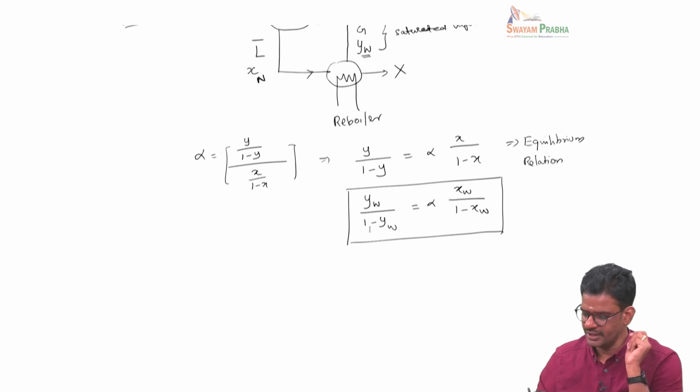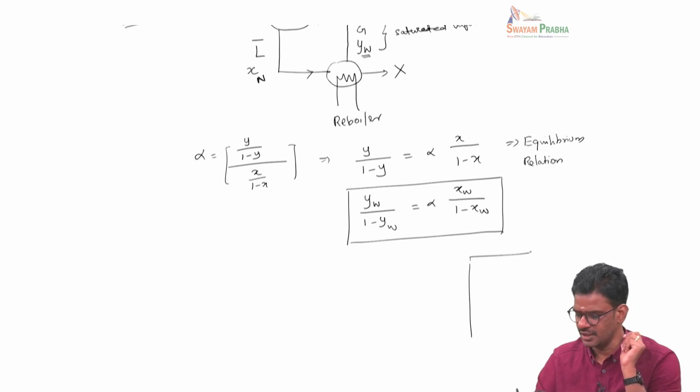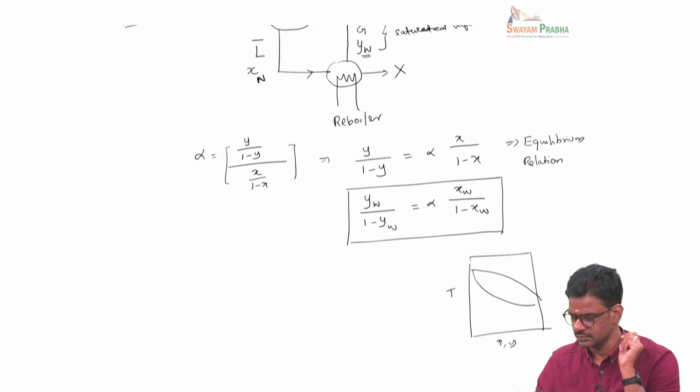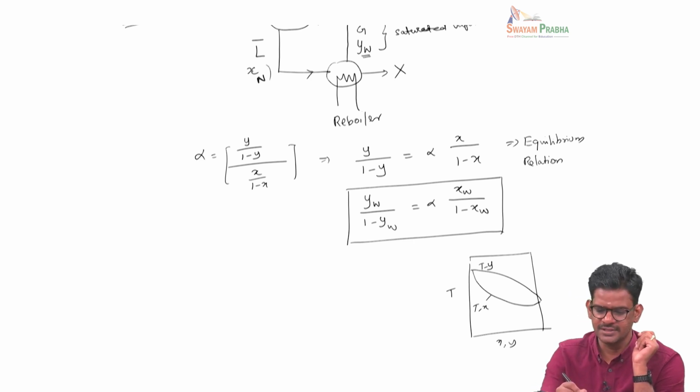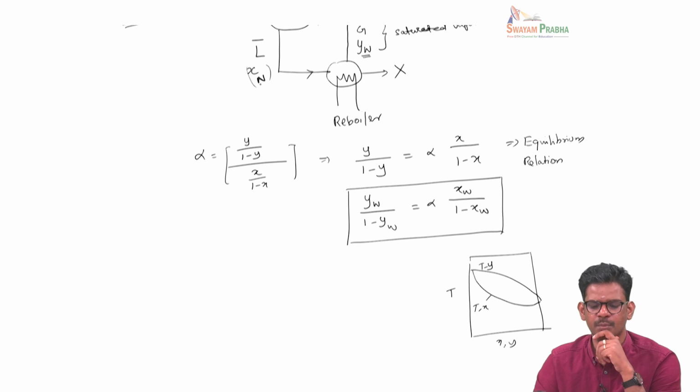If we show this in terms of the TXY diagram, this is T versus Y and this is T versus X, and the stream Xn is the composition of the liquid that is entering at the bubble point.